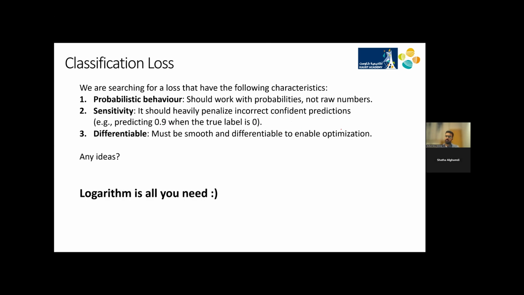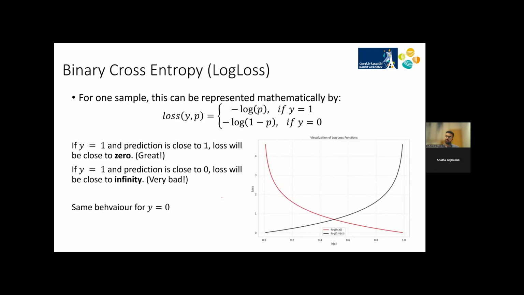And what we came up with is that we will use the logarithmic function. We will define a log loss. This log loss will work in the form that, let's say your true label is 1, okay, and the model predicts 1, right?